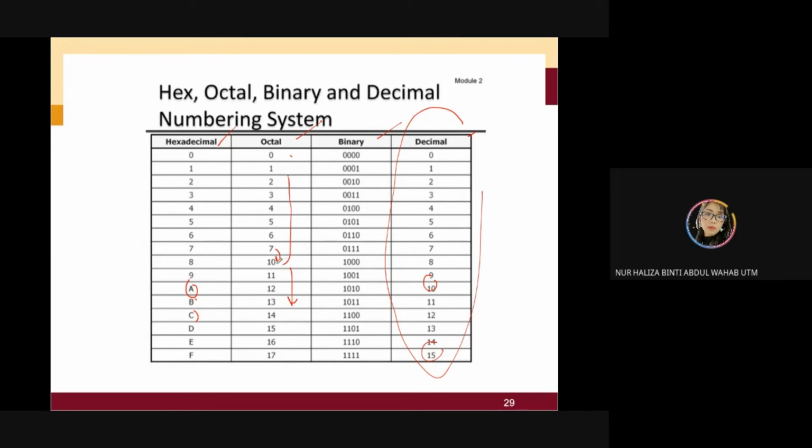Is it 10? No, it is not 10. Instead, it is 1, 0 base 8, 1, 1 base 8, because our numbering for octal has a total of 8 digits. Then after that, it will continue back. Over here also, it will change to 20, and so on.